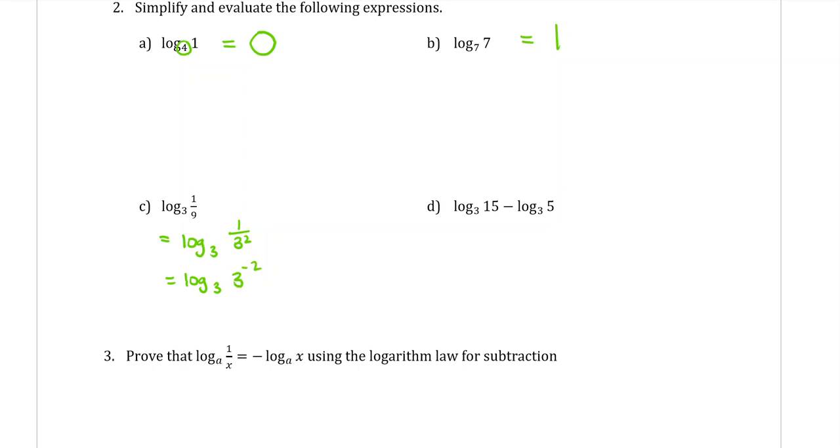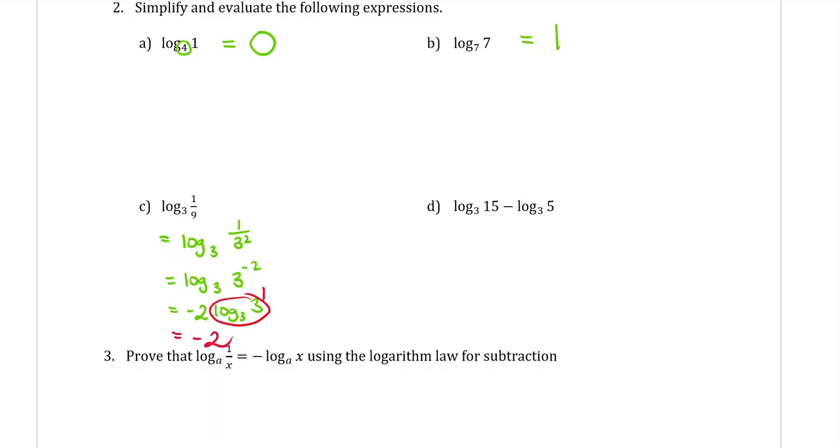And using our third log law, we can bring the power of minus 2 down the front to be log base 3 of 3. The log base 3 of 3 reminds us of what we did in part B. We said log base 7 of 7 is 1, so log base 3 of 3 is also going to be 1. So it's minus 2 times 1, which is just minus 2.